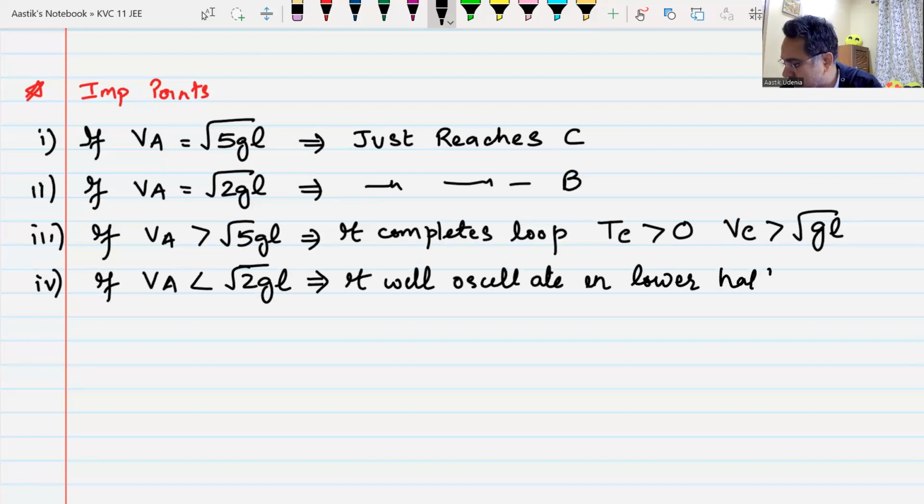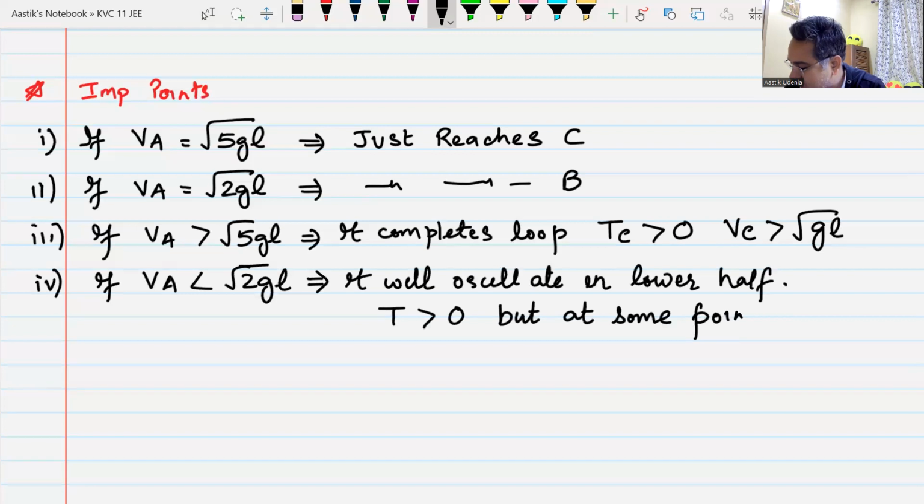It will keep on oscillating in the lower half. Tension will always be greater than 0. But at some point velocity becomes 0. At whatever point the velocity becomes 0, it will go to that point and keep on swinging back and forth. Do we understand this?